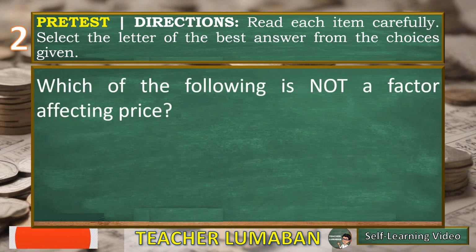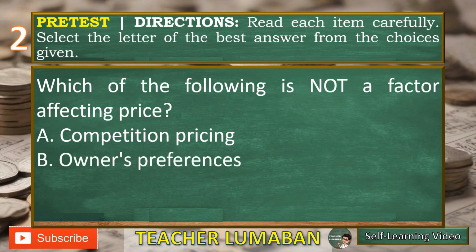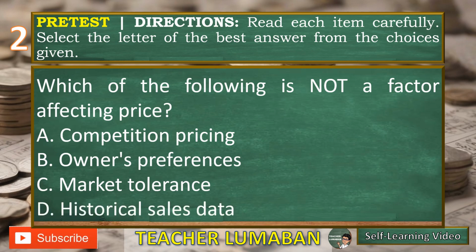Which of the following is not a factor affecting price? A. Competition pricing. B. Owner's preferences. C. Market tolerance. D. Historical sales data.